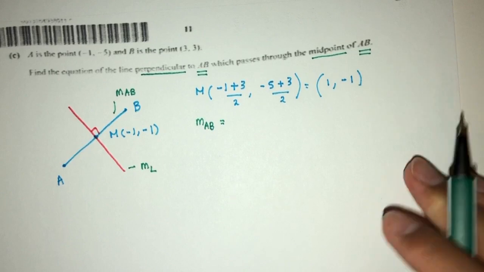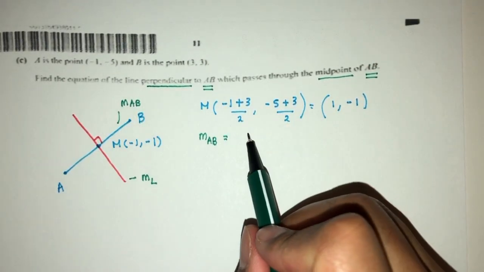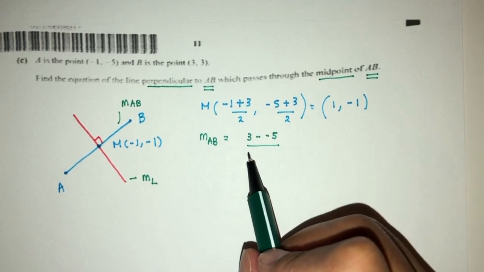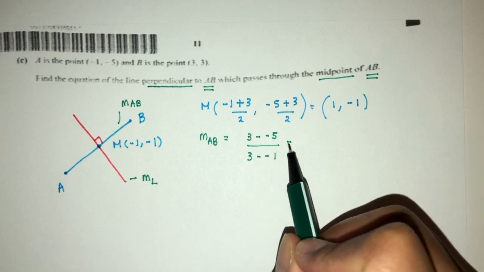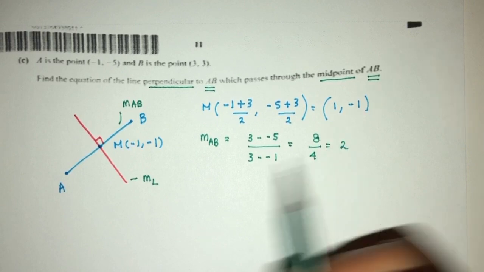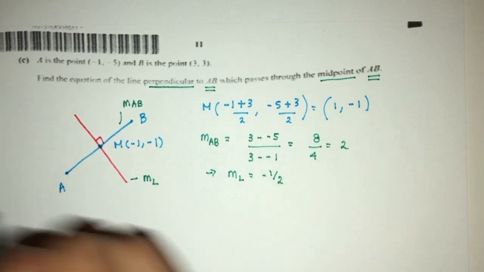That will be found by using the formula: y2 minus y1, so 3 minus -5, over x2 minus x1, that will be 3 minus -1. That should be 8 over 4. That should be 2, which means the gradient of the perpendicular line will be minus half.